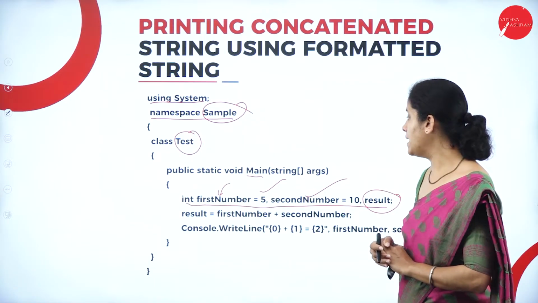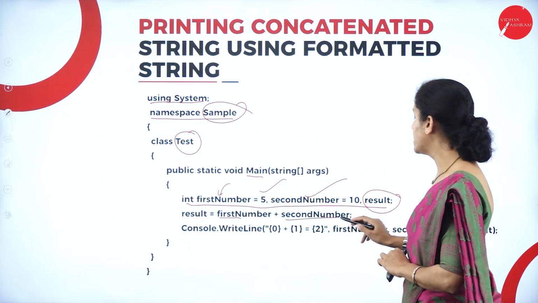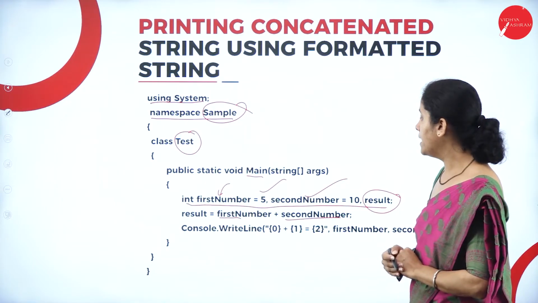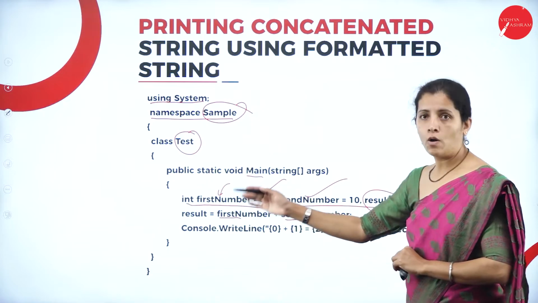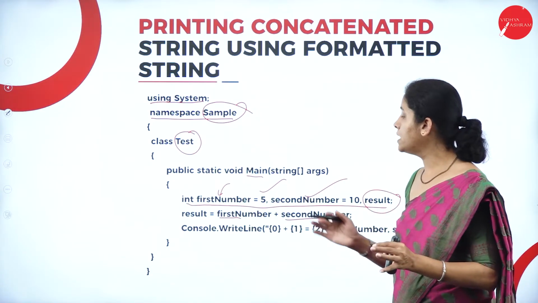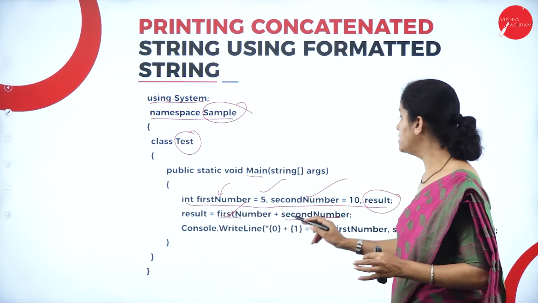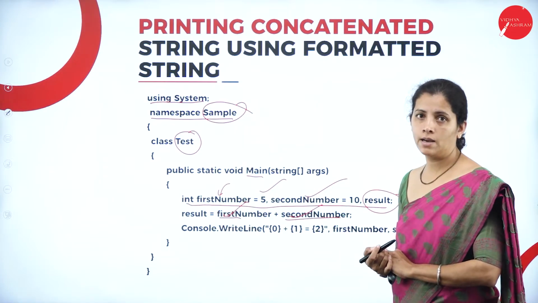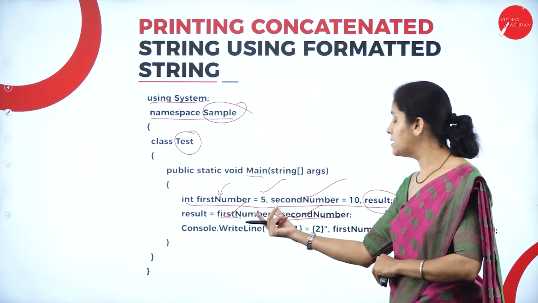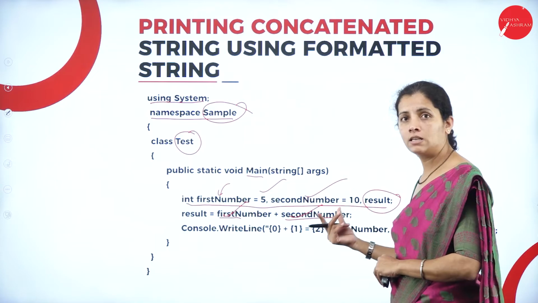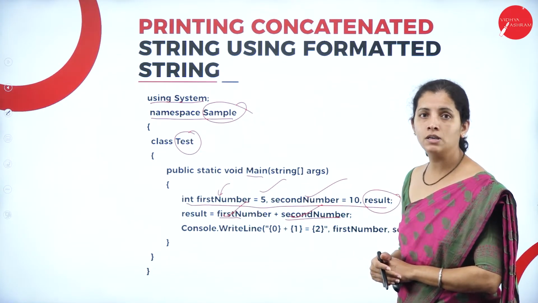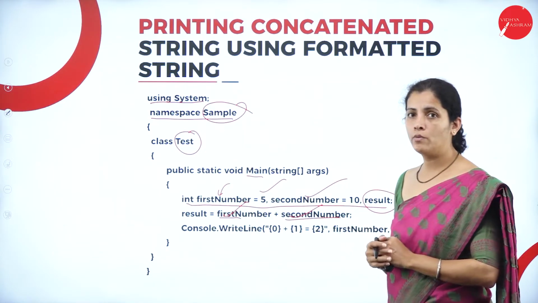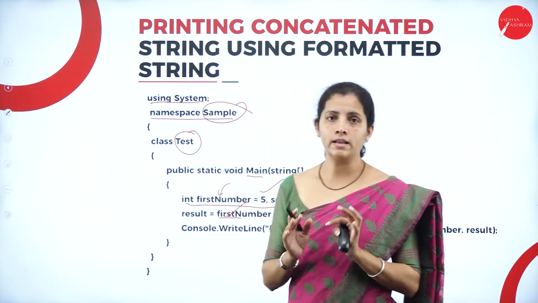I'm going to add first number and second number. Okay, then what I'm going to do? I'm going to perform output. So dear student, I'm going to add first number and second number. After adding first number and second number, whatever the result I have, that is stored in the variable called result. Now what I want to do? I want to format the output.